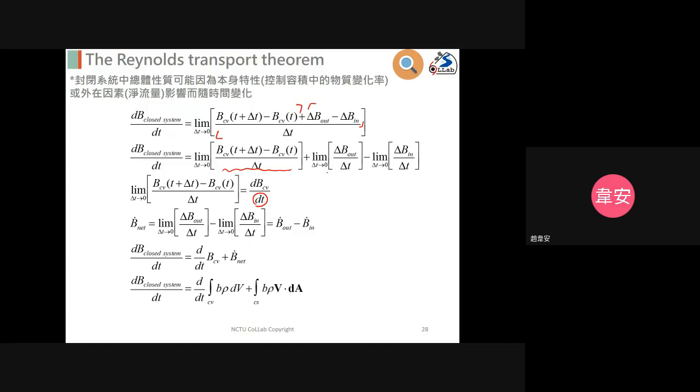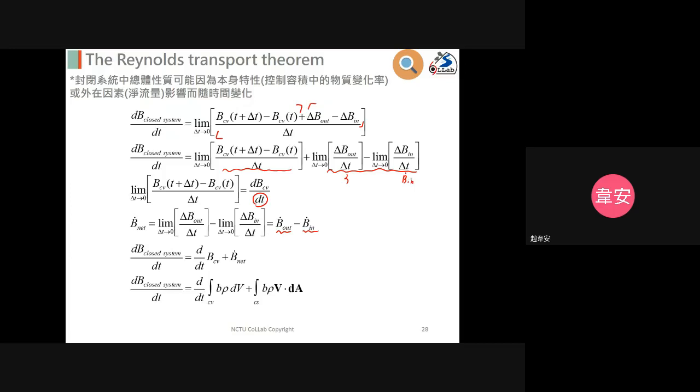The second part is totally similar to the B dot net. We have the B out rate and the B in rate.